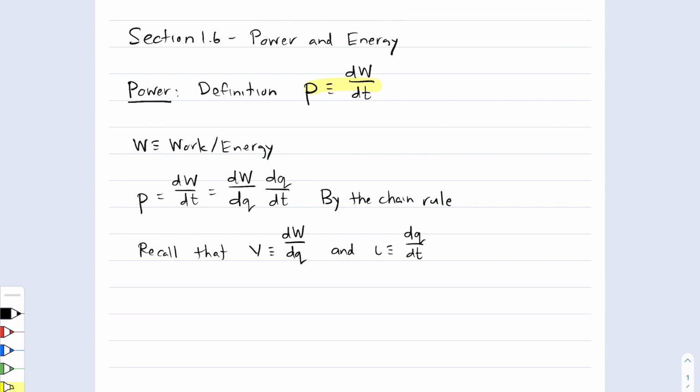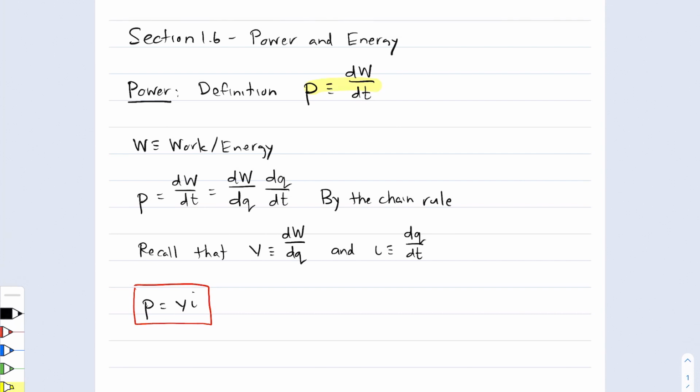So this power equation at the very top can be rewritten as: power is dW/dq, but that's the voltage, times dq/dt, but that's the current. So the electrical power of a system is always a product of the voltage times the current.